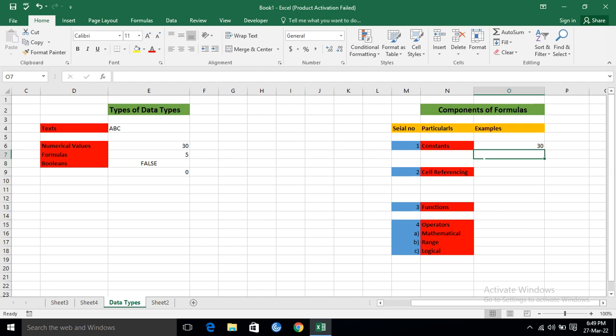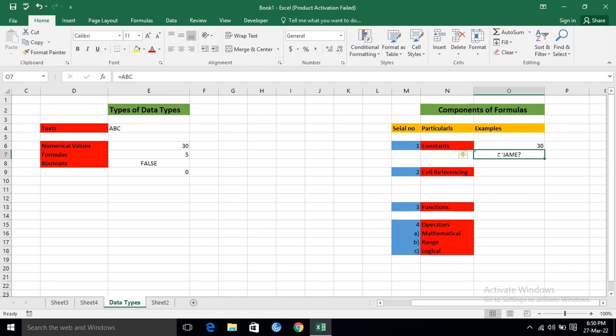Likewise, if I were to enter text, for text you have to enter after equal to, you have to give it in double quotes. So suppose if I write over here ABC, and then this, so see, these are coming to this. So they are being treated as a text. But if I remove this double quotation, see, these are coming like this.